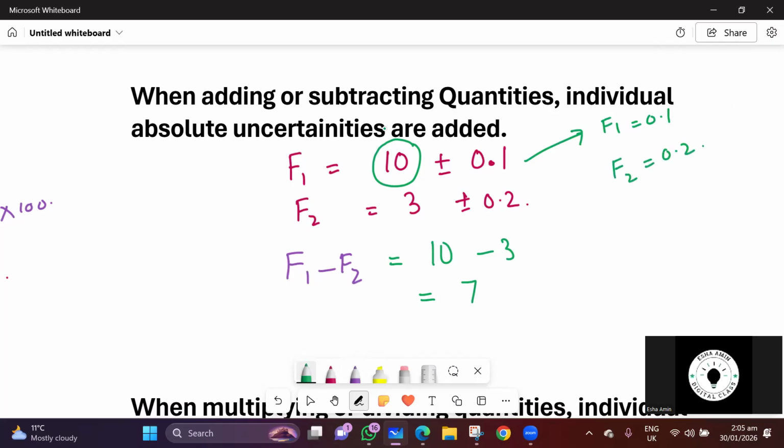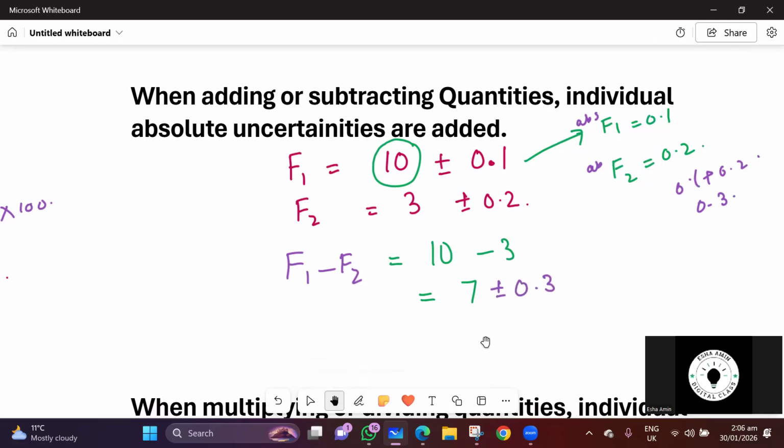As we have said, when we are adding or subtracting quantities, their absolute uncertainties will be added. So even though we subtract the quantities, we add their absolute uncertainties: 0.1 plus 0.2 is 0.3, so the absolute uncertainty will be plus minus 0.3.